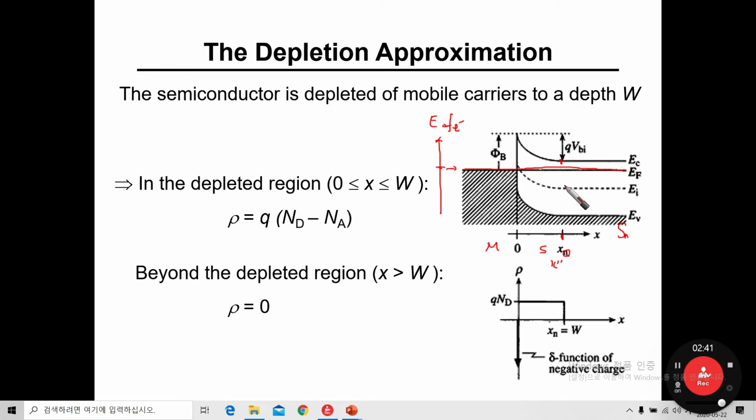Okay, so in other words, this is an n-type semiconductor, so there are many donor atoms here and there. If I uniformly dope this semiconductor, we can claim that the dopant atoms are uniformly distributed, especially at the surface or near the interface of MS contact.